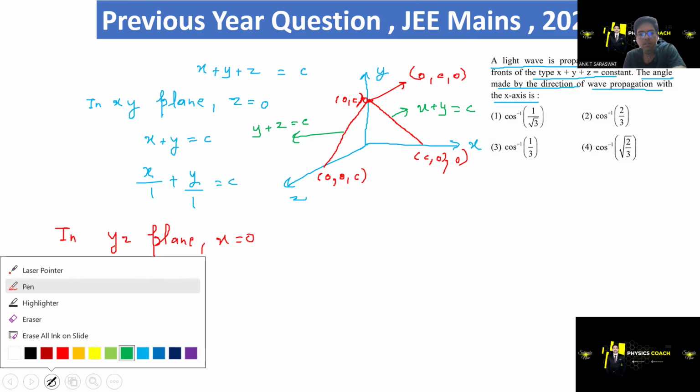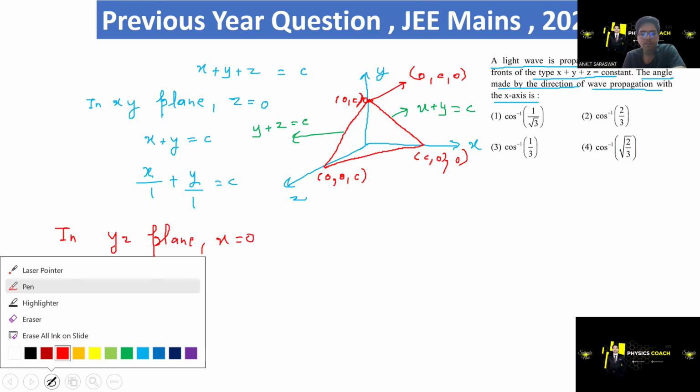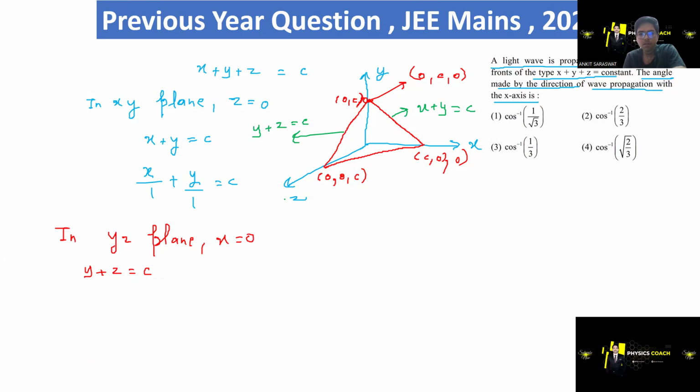Similarly, in the xz plane, it will be like this. Now you are getting some plane. In x, y, z, this is our wavefront which I have drawn. Here, in the xz plane, what is 0? Y. So it will be x plus z is equal to c.